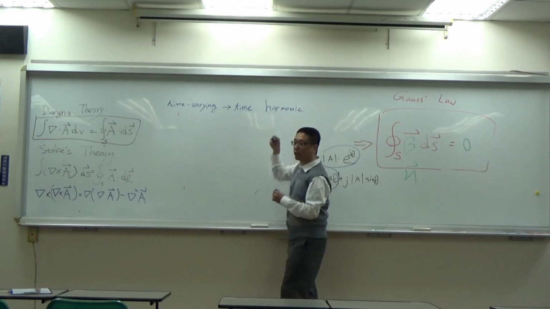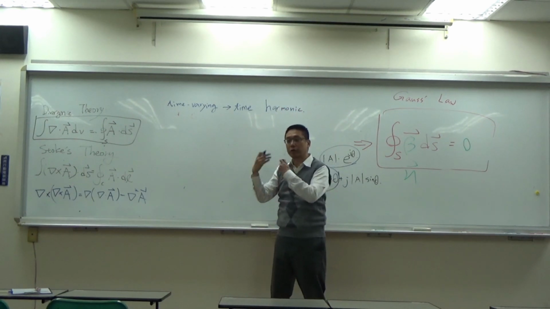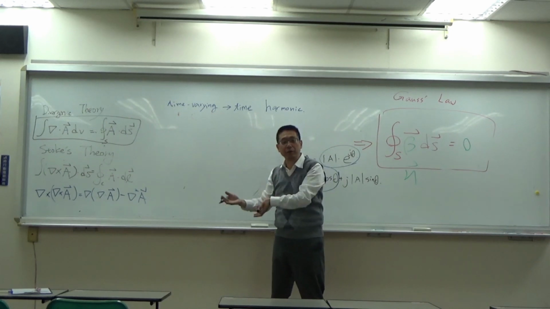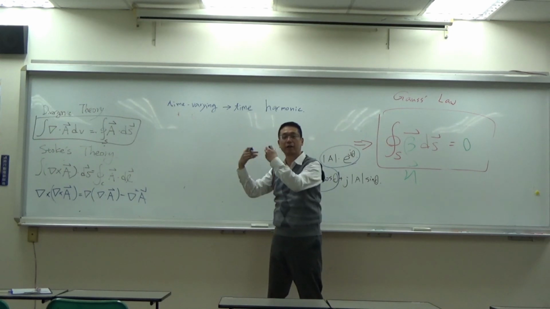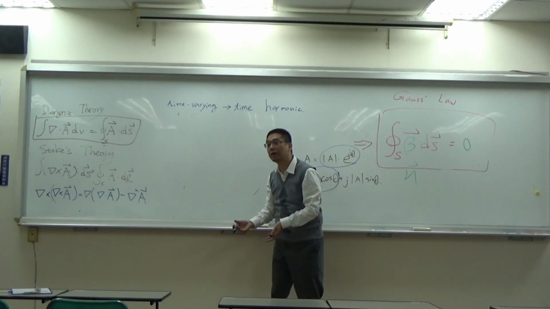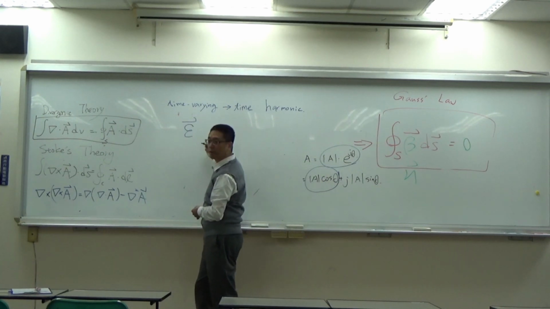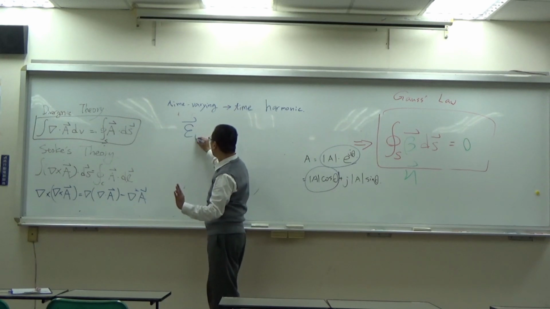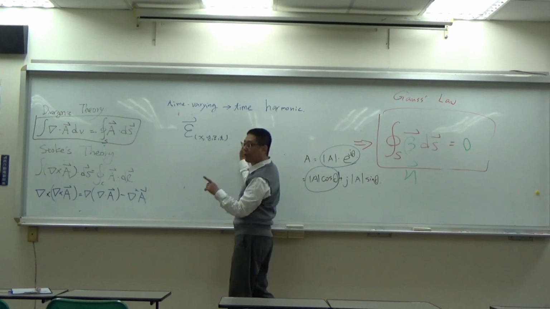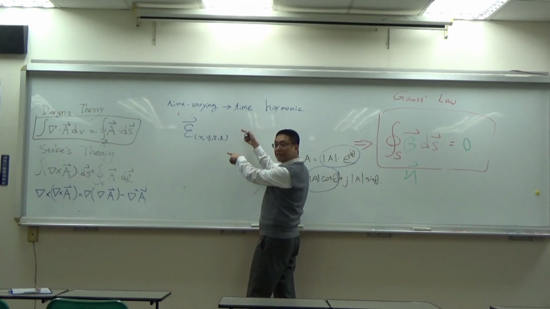You can think like your function will change according to the time, repeating with time, again and again. Okay. So your electric field, E, was a function of x, y, z, and t. You try to make it easier, right?